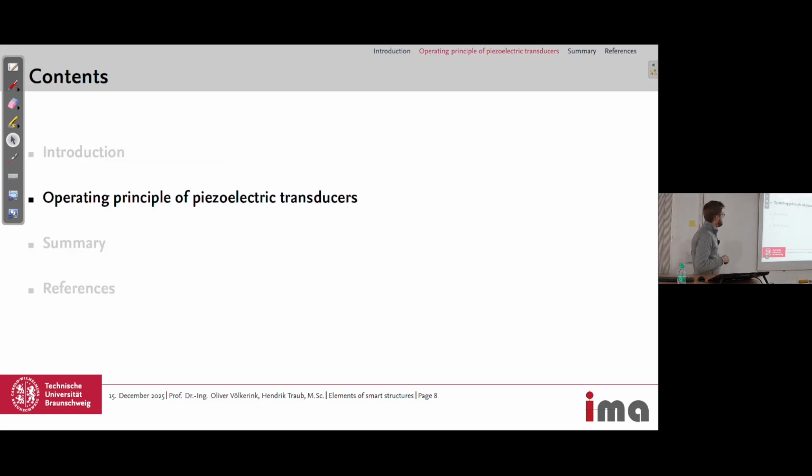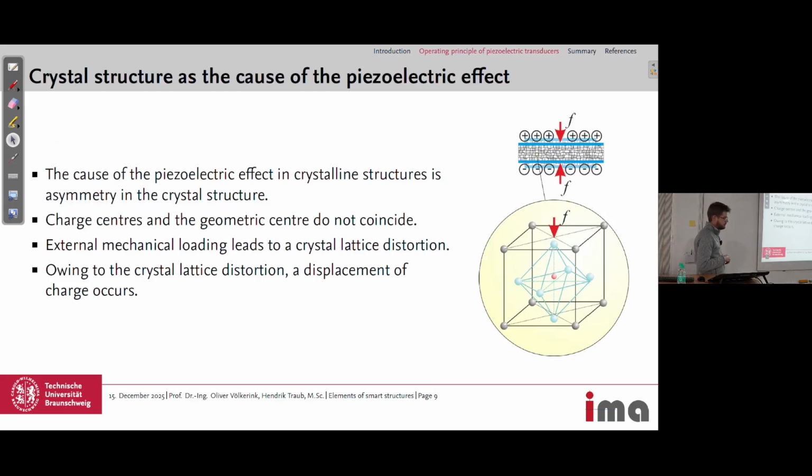So with that, we move over to the operating principle. The main reason or the cause of the piezoelectric effect is the crystalline structure, which has an asymmetry. So the charge center and the geometric center do not coincide in this case.